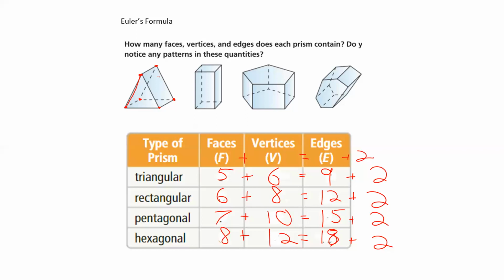All right, so does it work for the pyramids? Want to start putting each one of those in yet? So the first pyramid that you have is a square pyramid. No, sorry, a triangular pyramid. You have a total of 4 faces, right?